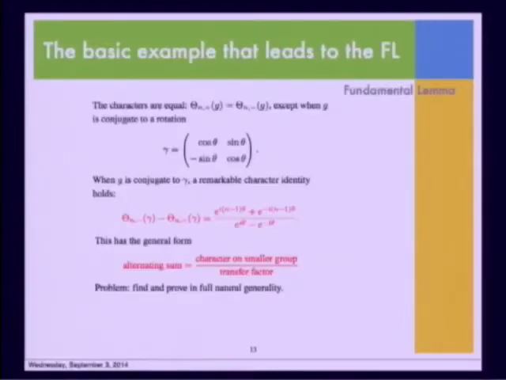When you take a rotation matrix, they're almost the same, but if you take the difference of these two characters, what you get is this formula that I've given: e to the i(n-1)theta plus e to the minus i(n-1)theta, divided by e to the i theta minus e to the minus i theta.